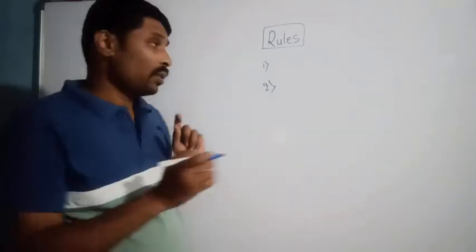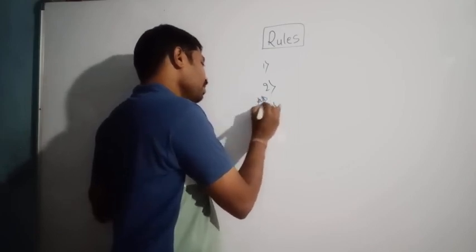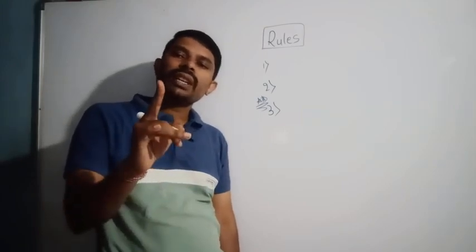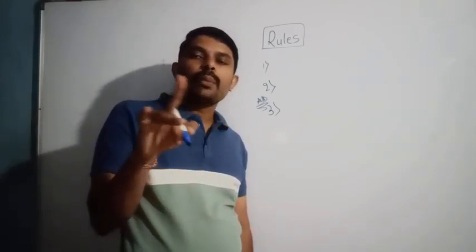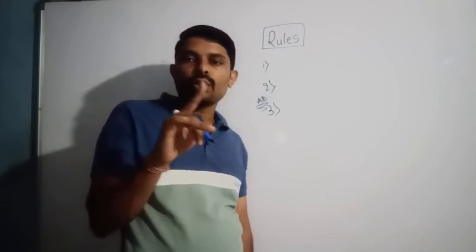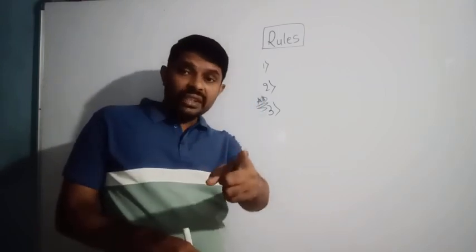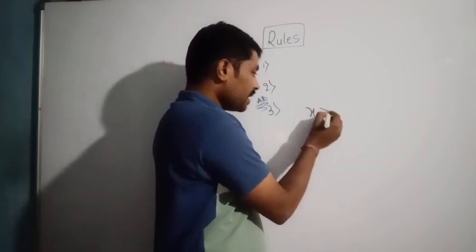But the third one, students, the most important rule, look here. For the given inequality, whenever you multiply by a minus sign on both sides, or multiply with a negative number on both sides, the inequality will change. Suppose x is greater than 4.